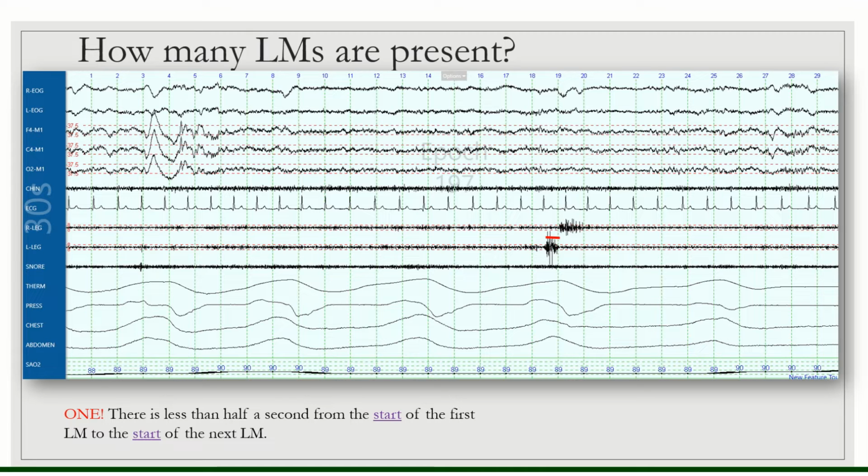So even though it appears to be two, and it's on two different legs, as we just read, if it's less than 5 seconds in between onsets, that means the start of one to the start of the next, then we count it as one.